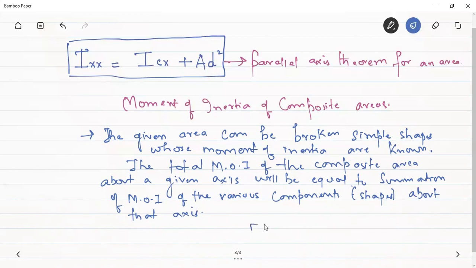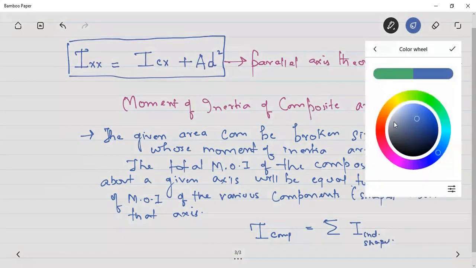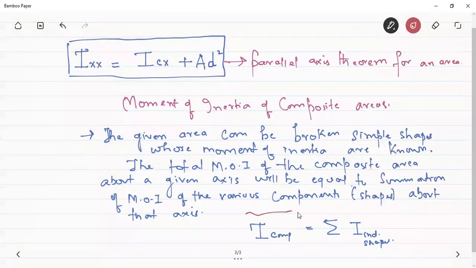So the moment of inertia of a composite body will be equal to the summation of the moments of inertia of individual shapes or elements. We had seen this result in the mass moment of inertia as well. We had seen a couple of questions there as well. So the same applies to the area moment of inertia.